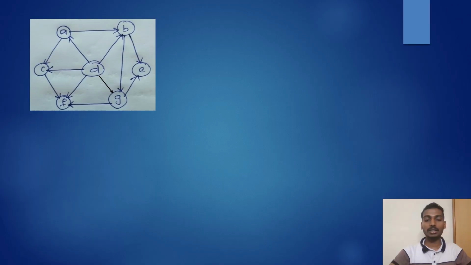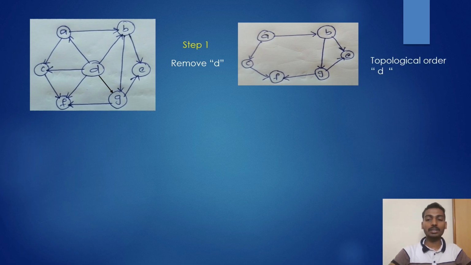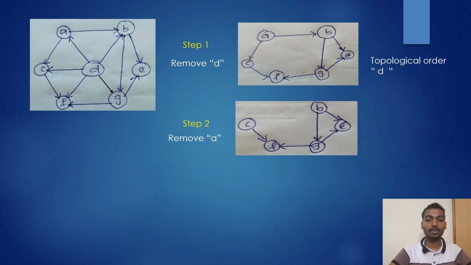Now this is the DAG graph. Step 1, we need to remove D from the acyclic graph and the topological order is D. Next, we have to remove A because it has no incoming edges.